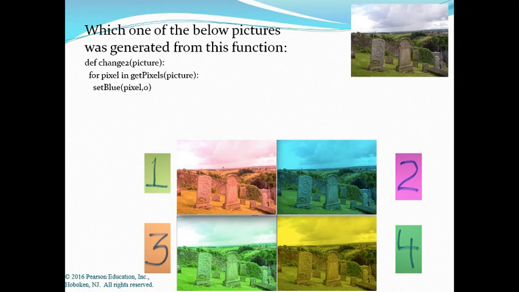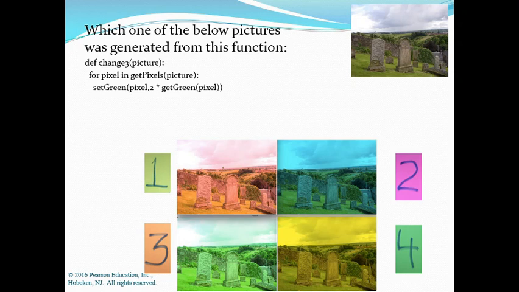We know for sure it's probably not number 2 because we can see that there's maybe an increase of blue. We can see that it's probably not number 4 because that's more yellowy, so I would think that would be an increase. So it's probably either 1 or 3. We're setting the blue to 0. I would probably say it's more likely to be number 1 as the answer.